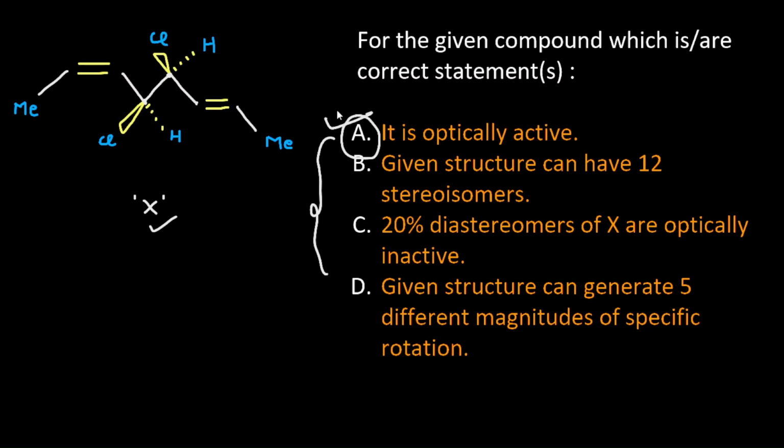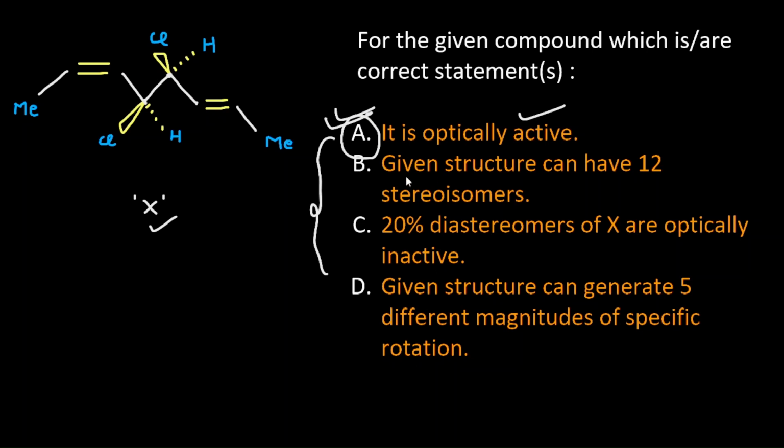The first option is correct. Once I say that the compound is non superimposable on its mirror image, then it becomes sure that it will rotate plane polarized light. Therefore, it has action towards PPL, and it must be optically active in nature.